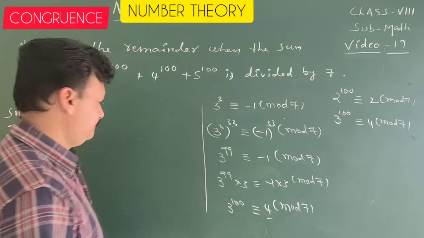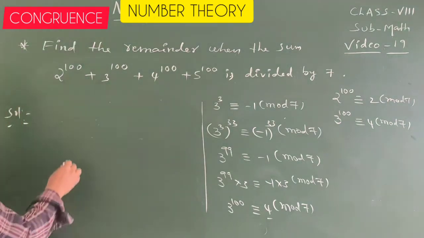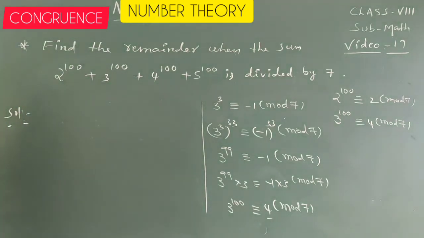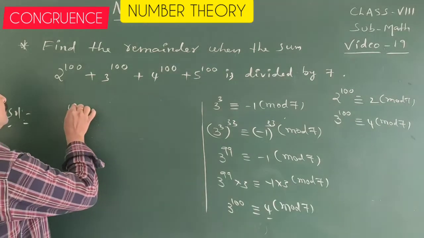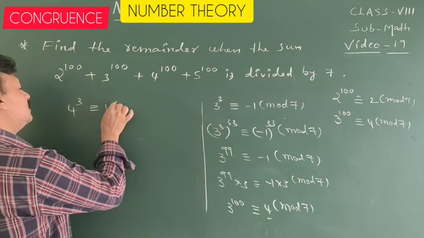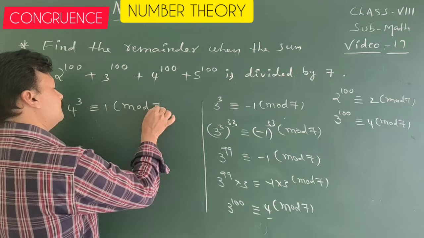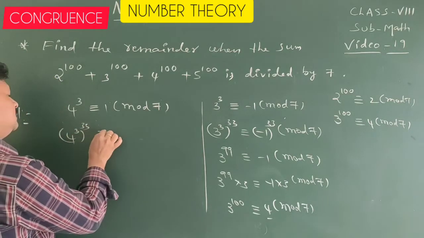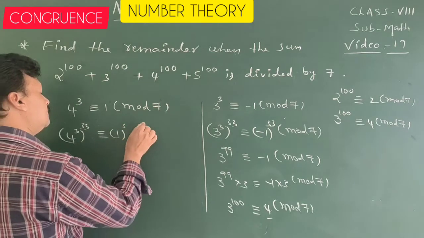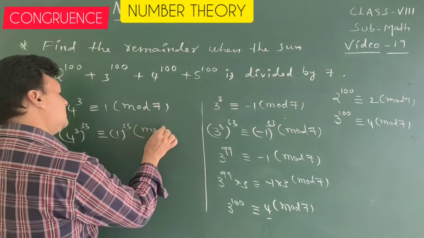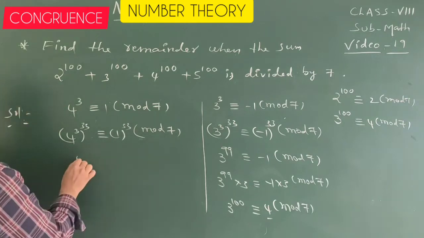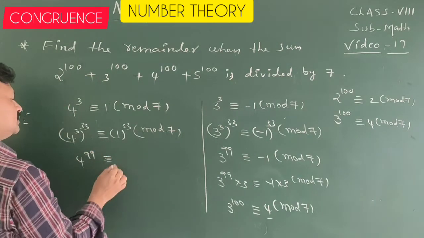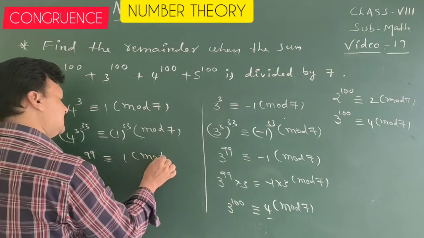For the 4. Now 4 square is 16. 4 cube is 64. 64 means 9 sevens are 63. So we can write that 4 cube is congruent to 1 to the mod 7. So here 4 cube whole power 33 congruent to 1 power 33 to the mod 7. Here 4 power 99 is congruent to 1 to the mod 7.